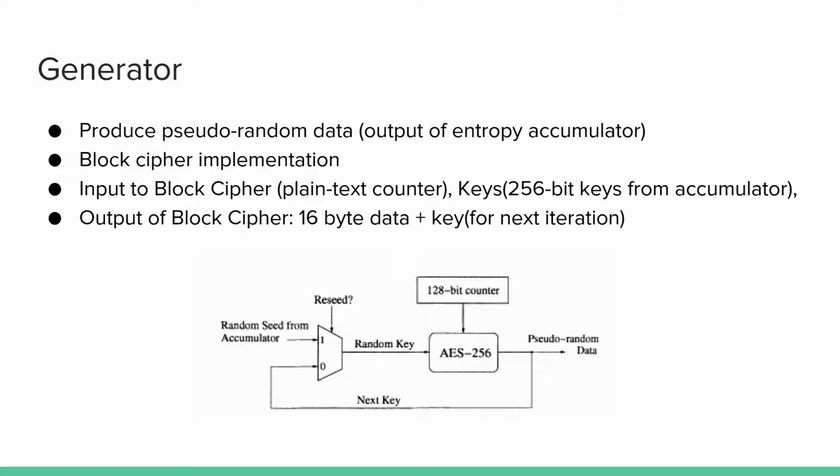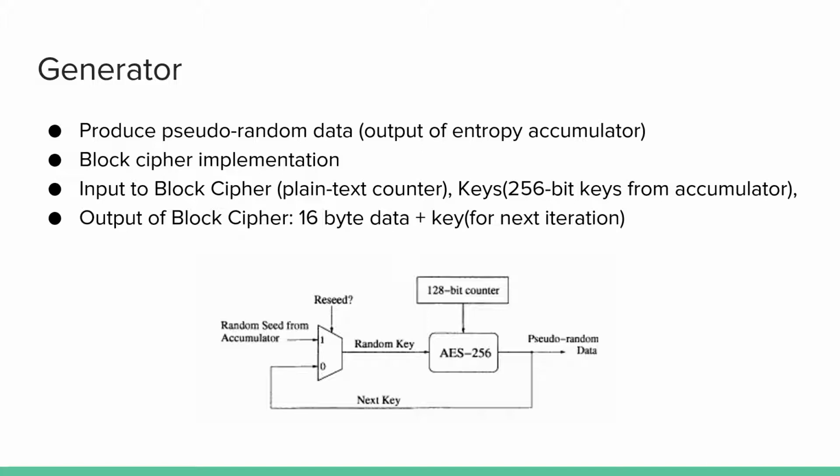The plain text input to the block cipher is simply a counter, and the 256-bit keys are the output from the accumulator. Since AES is a 128-bit block cipher, it generates 16 bytes of data at a time. Once it has generated this data, it generates two further blocks, which will be used as a new key the next time it is required to generate data.